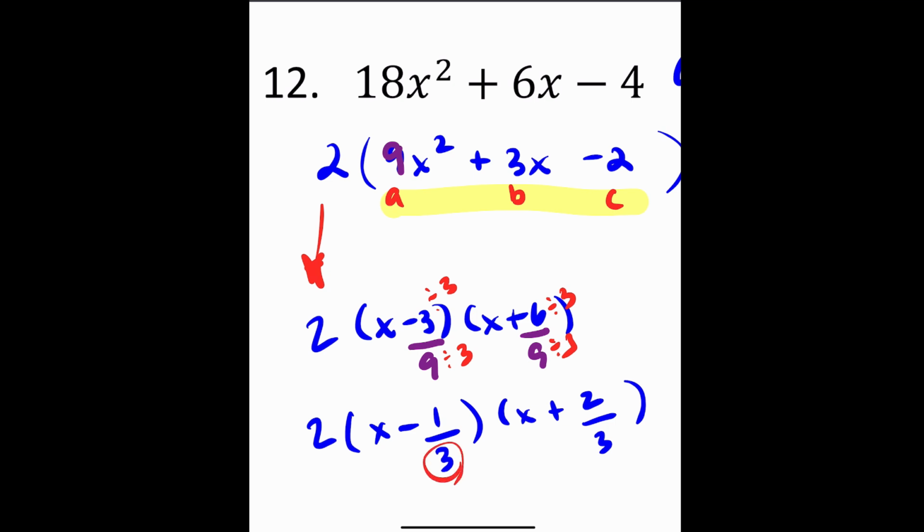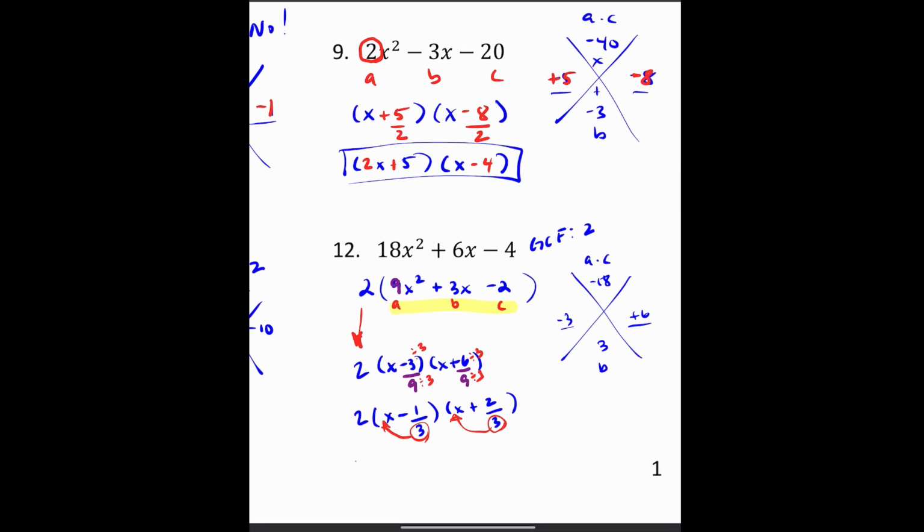We need to swing it. So we're going to take this 3 and bring it right in front, and we have to do the same thing for this 2/3 because we know that 3 doesn't go into 2 evenly. So we'll swing that too. So our answer is 2 times the quantity of 3x minus 1 times the quantity of 3x plus 2.